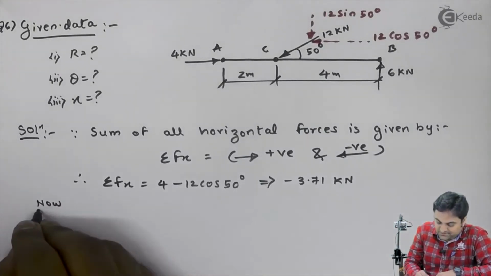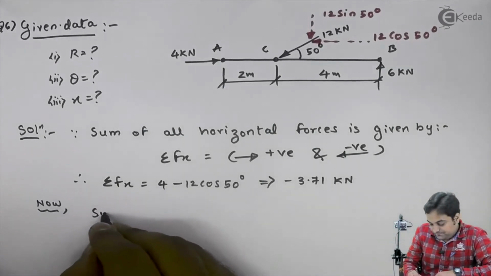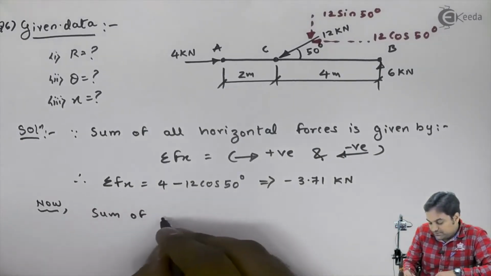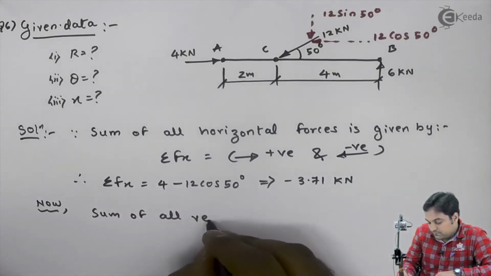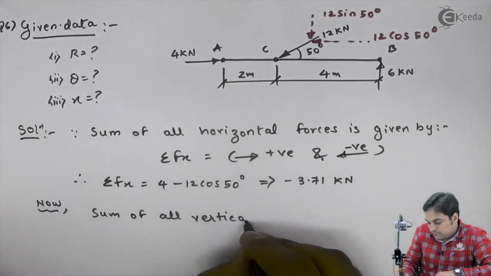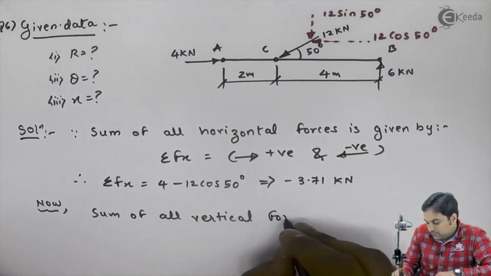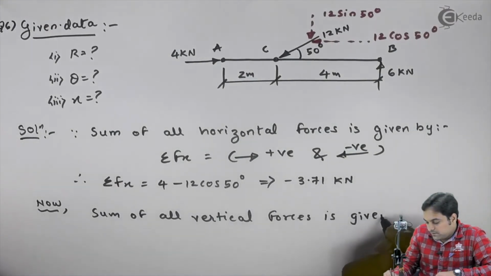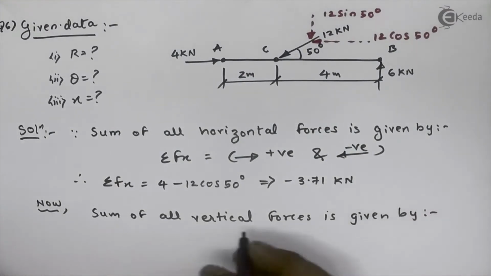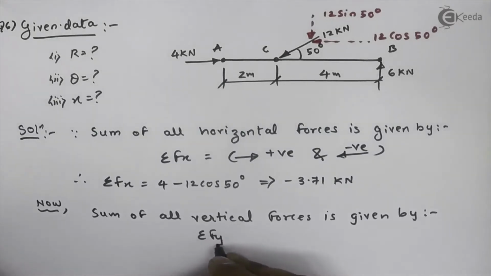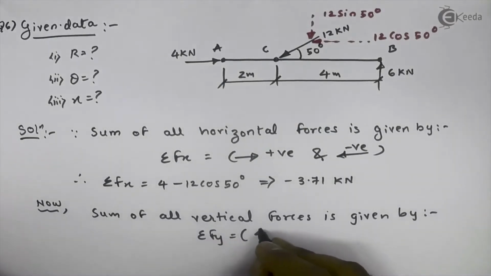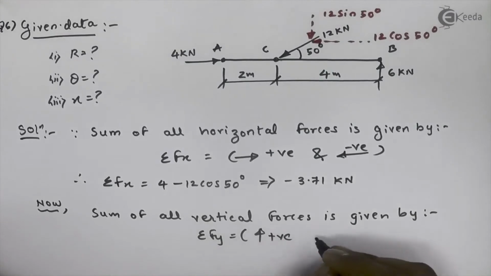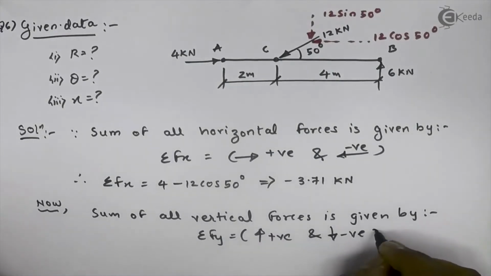Now, the sum of all vertical forces is given by summation of Fy, where I will take all upward forces positive and all downward forces negative.